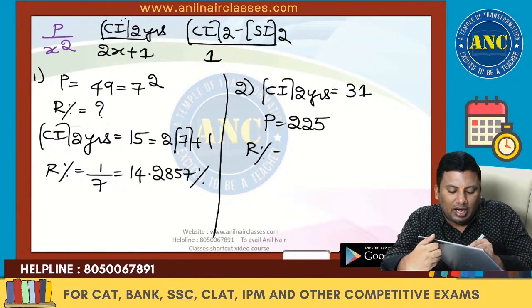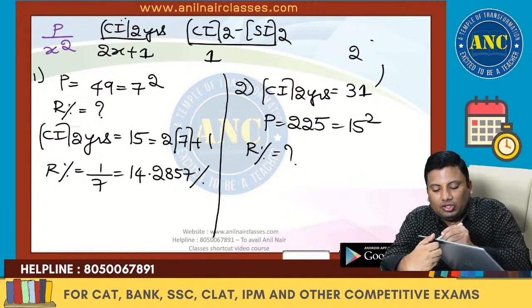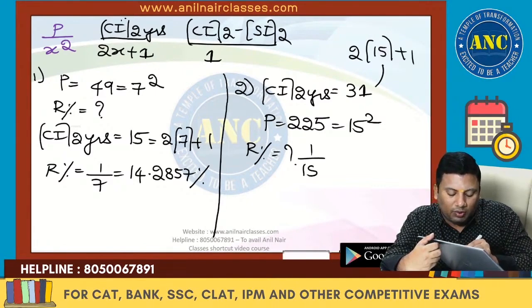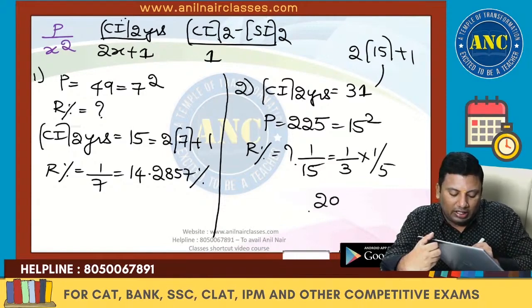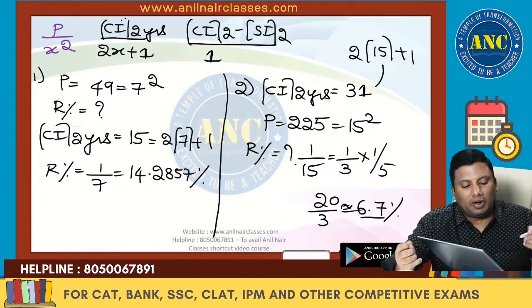Find R percentage. It is nothing but 15 square. This is 2 into 15 plus 1. So answer is nothing but 1 by 15, which is nothing but 1 by 3 into 1 by 5, 20 by 3, which is 6.7 percentage approximately. I hope it is clear.